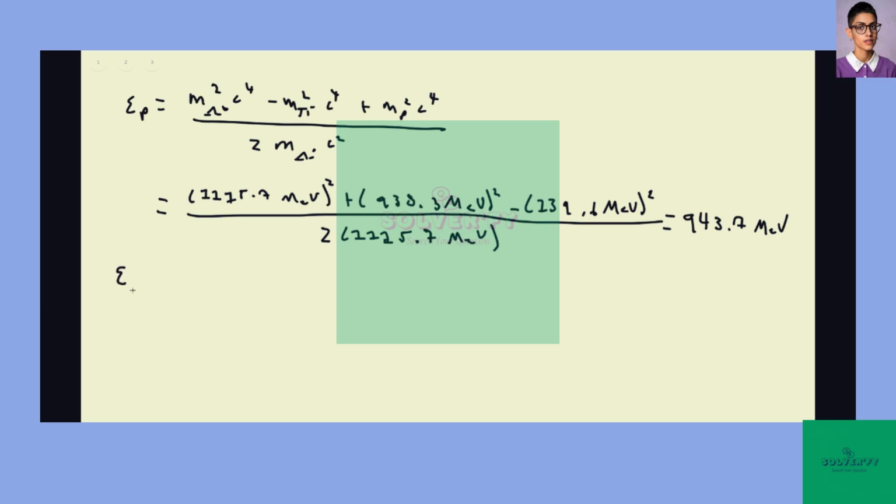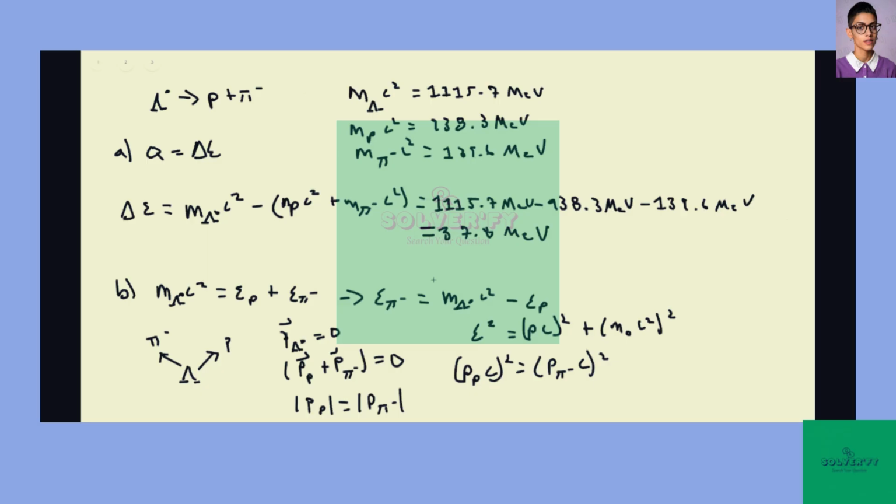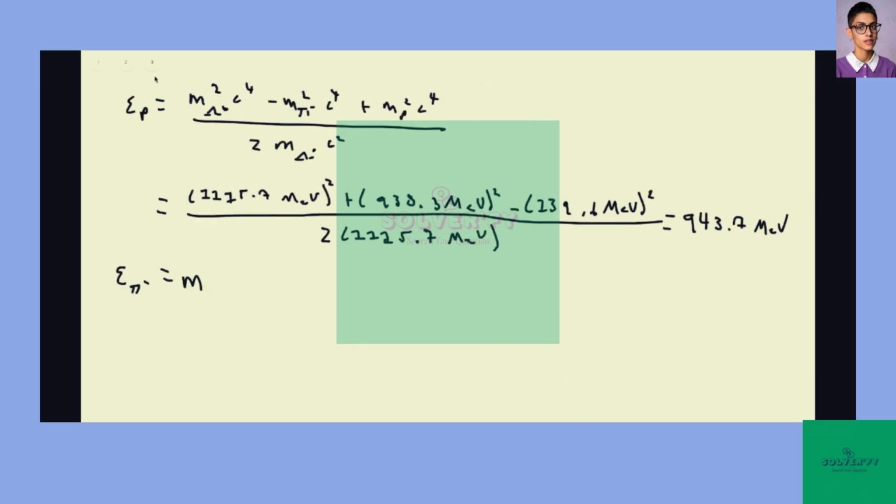The total energy of the pi meson is going to be equal to, which we solved for back here, the rest mass energy of the lambda baryon minus the total energy of the proton, which is equal to 1115.7 MeV minus 943.7 MeV, which is equal to 172.0 MeV.